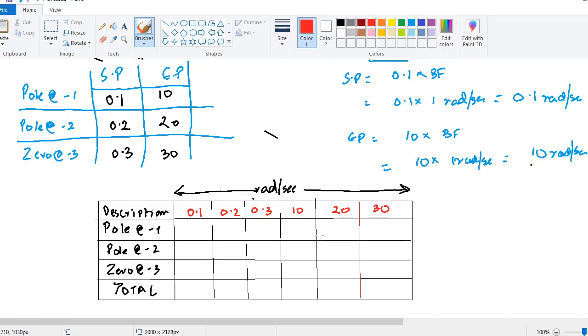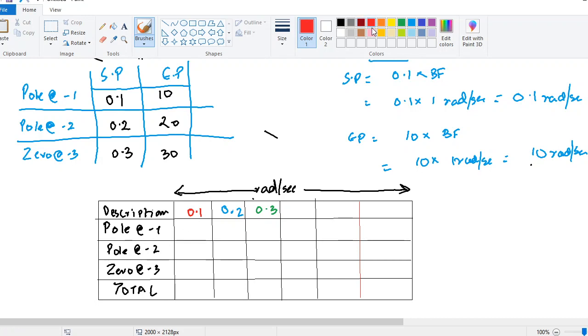To make it a bit more understandable, let's do it like this. Let's put it in different colors here. This is 0.2, and this here is 0.3. Right? Now, this is the start point for the red one, the start point for pole at -1.